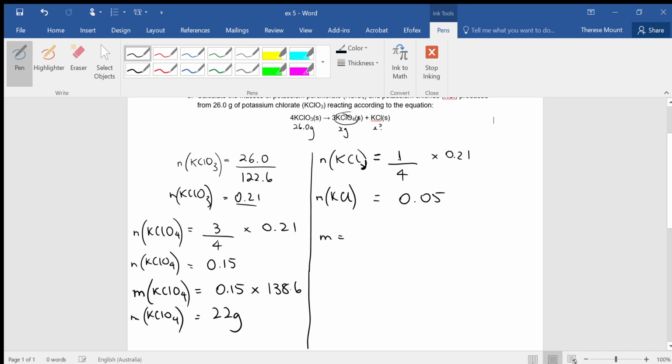Now the mass of potassium chloride is the mole value that I have of it times its molar mass, which is 74.6. And so the mass of potassium chloride I have is 4 grams. And that's the answer to that one.